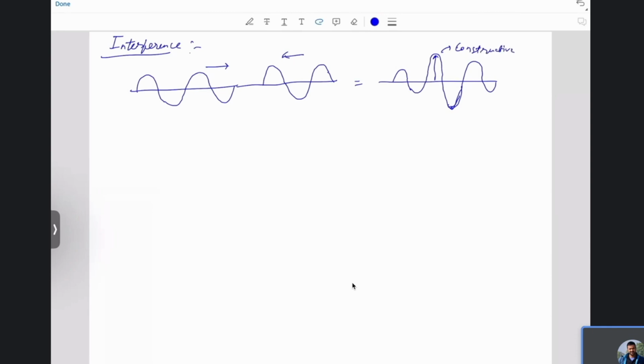And also it might happen, depending on the phase difference between these two waves, that the waves will cancel each other, and then we'll have a destructive interference, like so. There will be no wave at all, or the magnitude will be reduced like this.